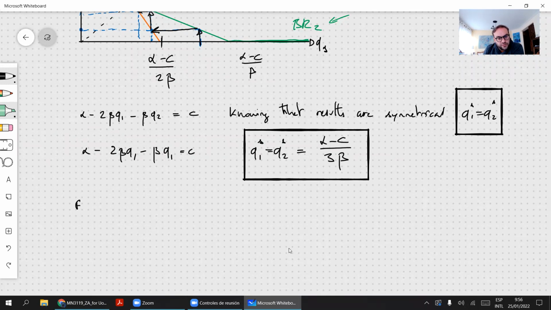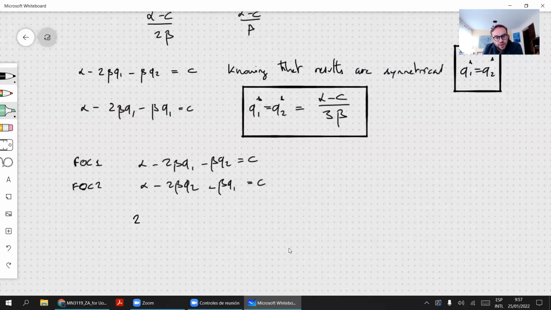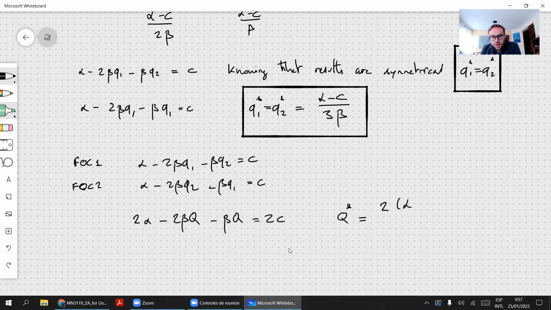I know that the first order condition of 1 is that alpha minus 2 beta Q1 minus beta Q2 is equal to C. I know that the first order condition of 2 is that alpha minus 2 beta Q2 minus beta Q1 is equal to C. So I can add both, and this is going to give me 2 alpha minus 3 beta Q uppercase, because I'm adding Q1 and Q2, and this is equal to 2C, which tells me that the overall quantity is going to be 2 times alpha minus C divided by 3 beta.